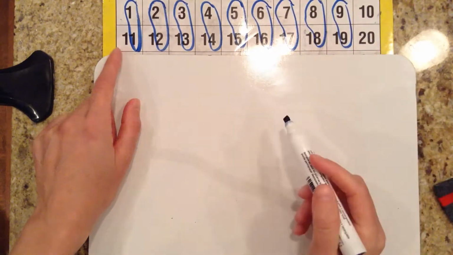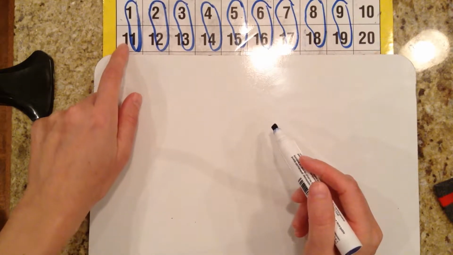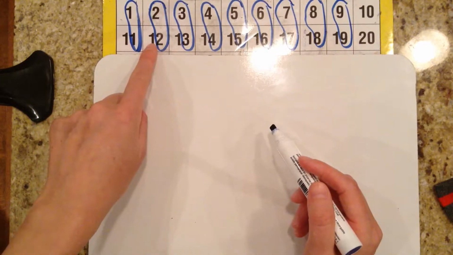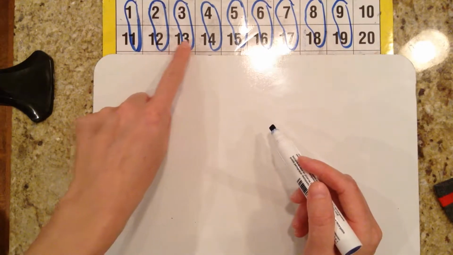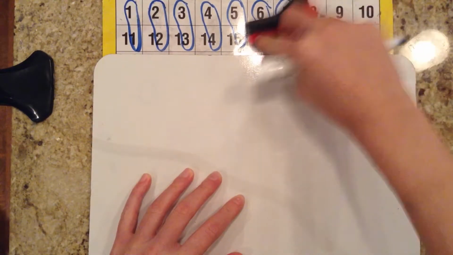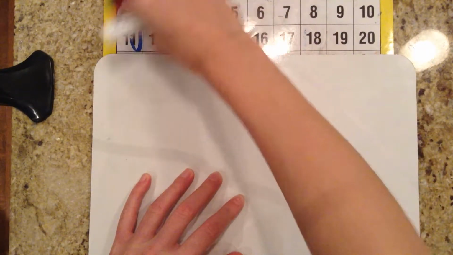The only difference is this time they have a 1 in front of them. This one means 10. So there's 10 and then one more. 10 and then 2 more. 10 and then 3 more. And we have special ways of saying these numbers. These are teen numbers. Teen numbers always start with a 1.